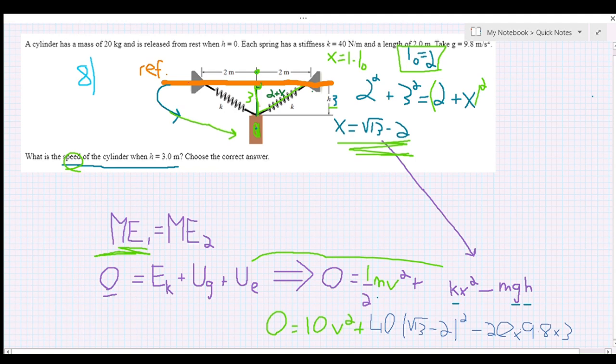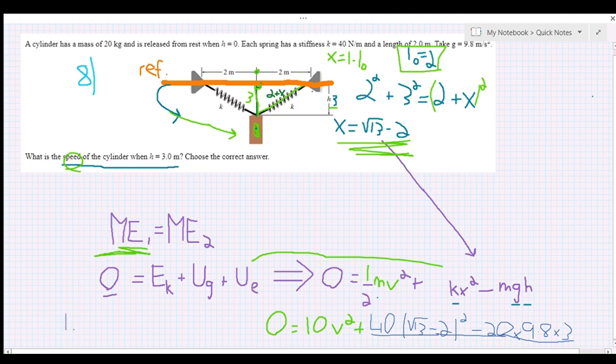So simplifying a little bit, we whip out our calculators. (Radical 13 minus 2) squared, and we get that the expression written in blue equates to minus 485.